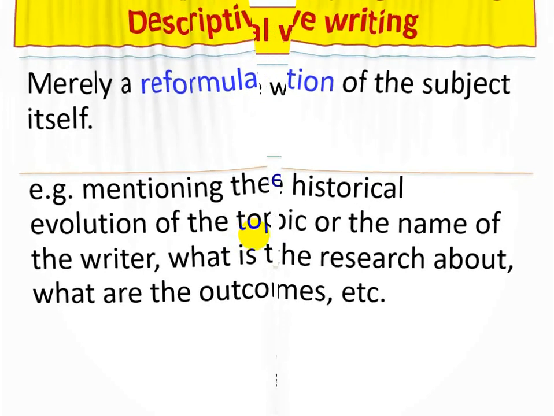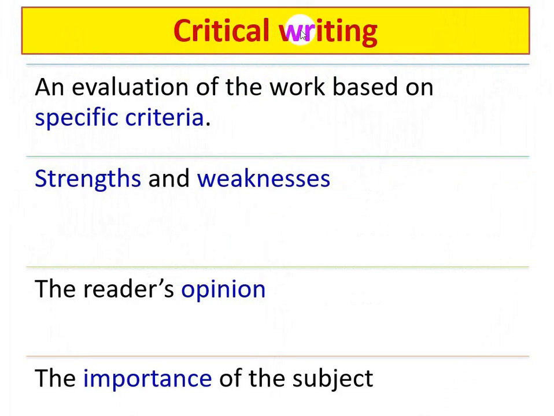But in critical writing, an evaluation of the work based on specific criteria is done. So we have to evaluate the work, to criticize the work, not only to describe it simply, but this should be done on the basis of specific criteria.